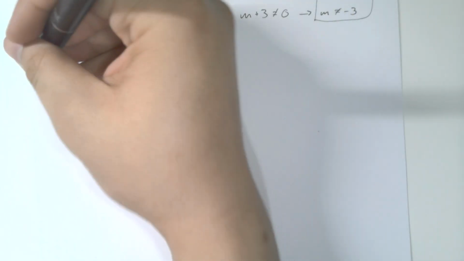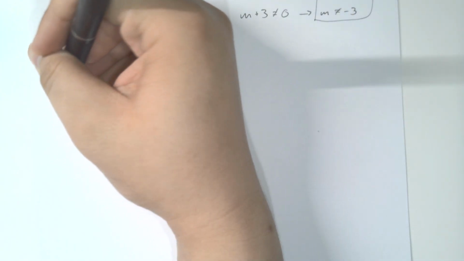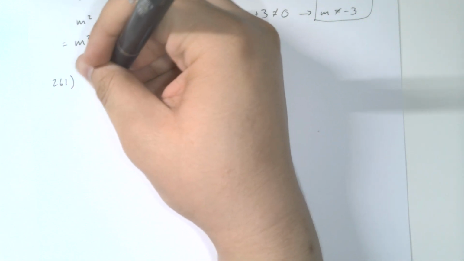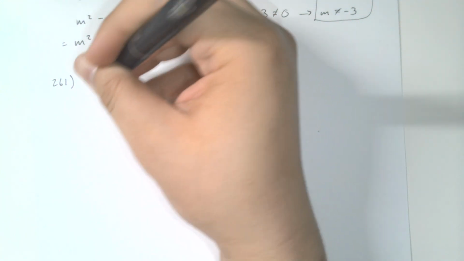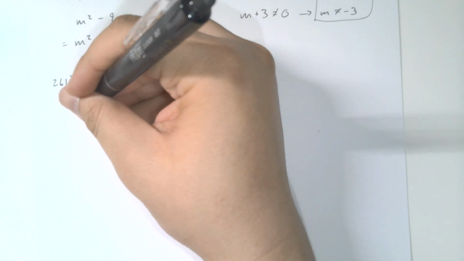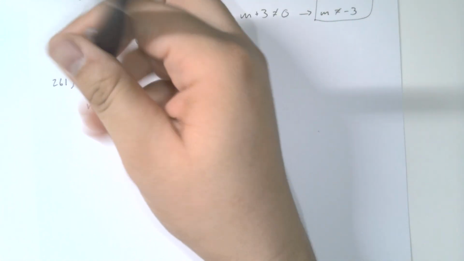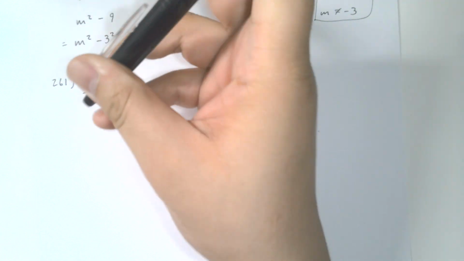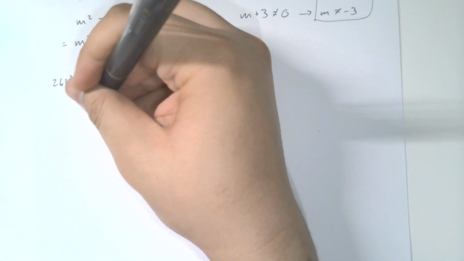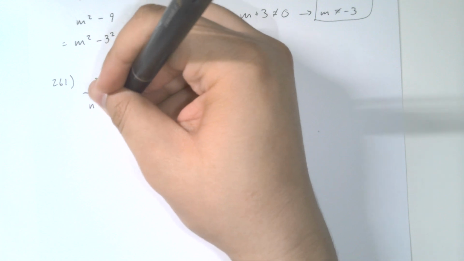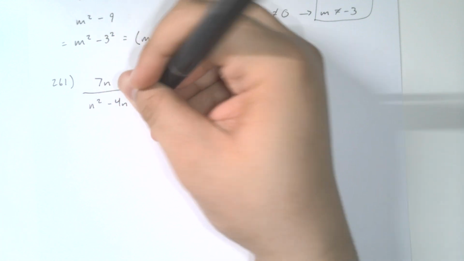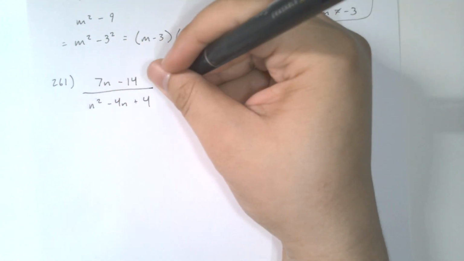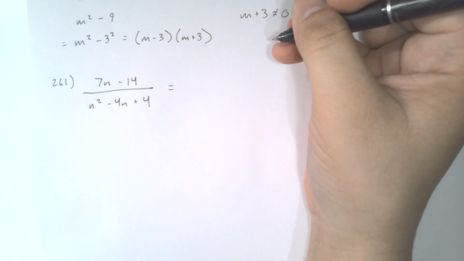Okay, and let's look at number 261. So we have 7n minus 14 divided by, wow, I really botched that one, n squared minus 4n plus 4. So let's factor the numerator first.